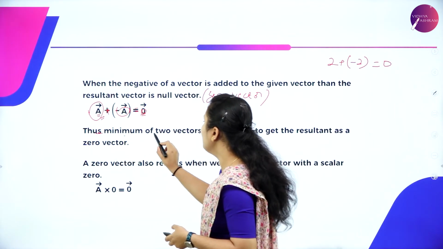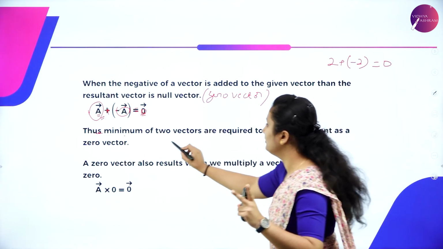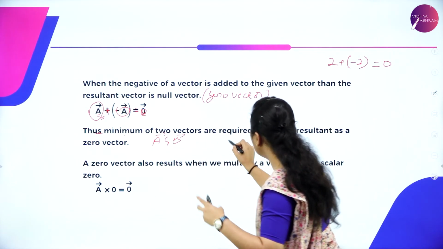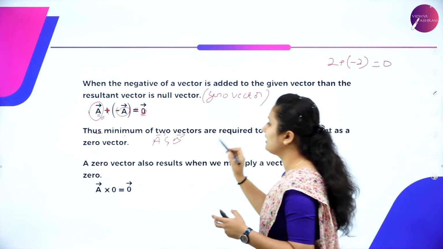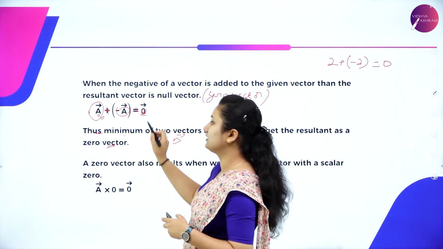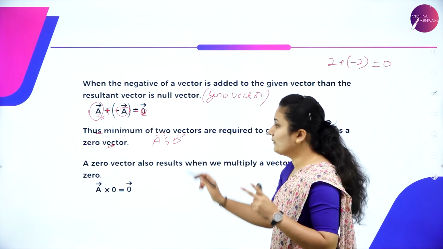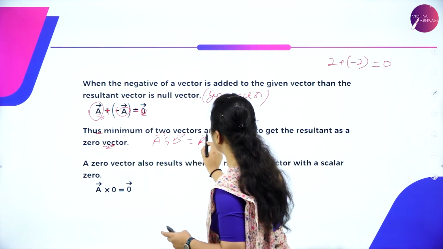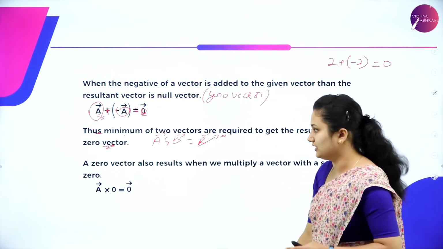Thus, a minimum of two vectors, say A and B, are required to get the resultant as a zero vector.